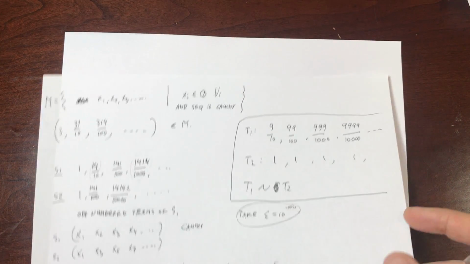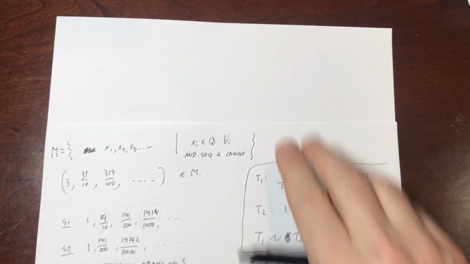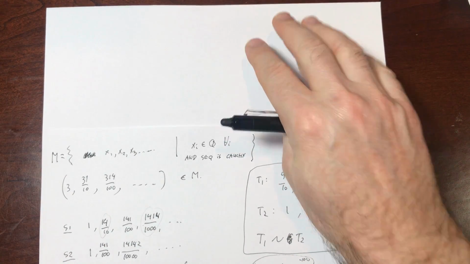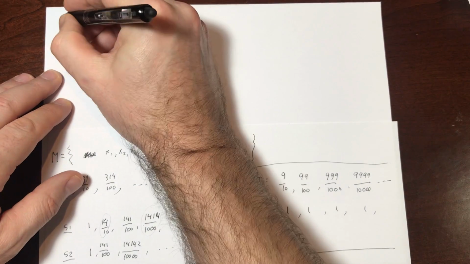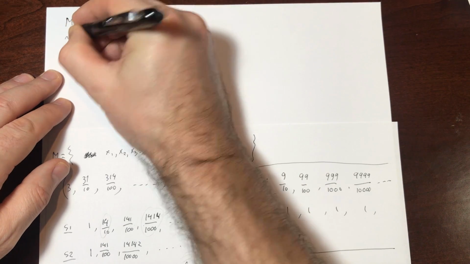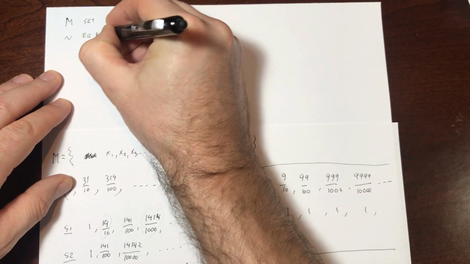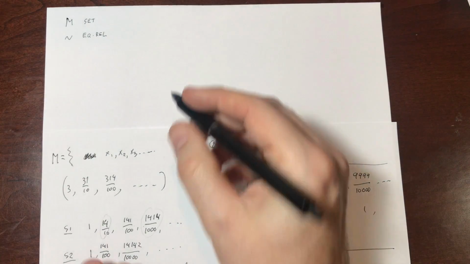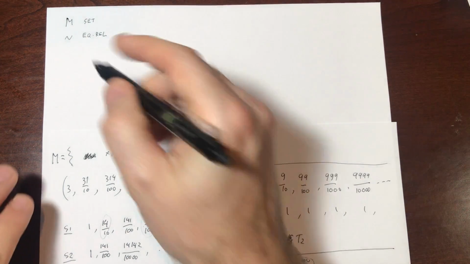Now in the next thing, I'll just scoot this over a little bit. Let's make sure it's still visible. Now remember from chapter 1, if we had a set and an equivalence relation, then that equivalence relation partitions your set.